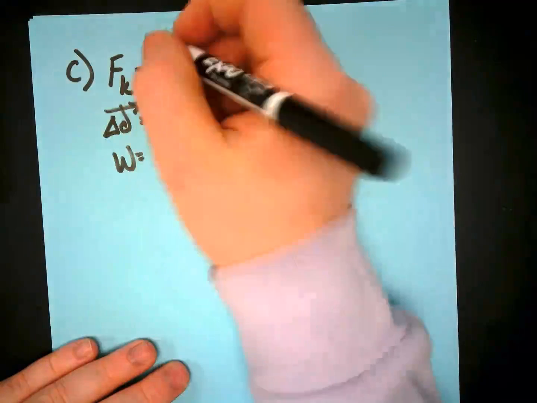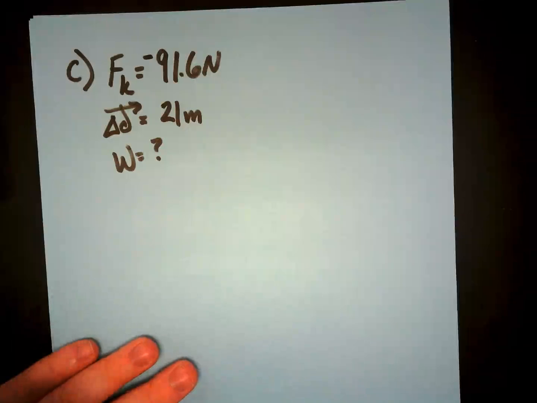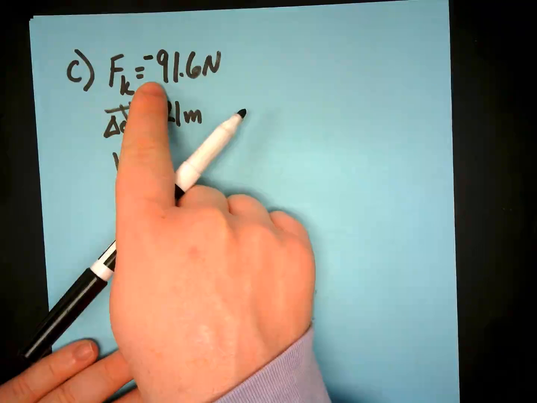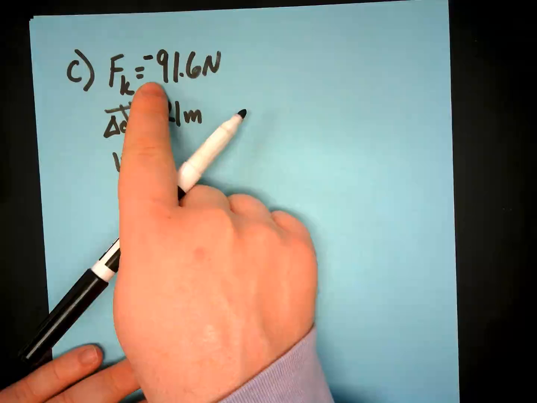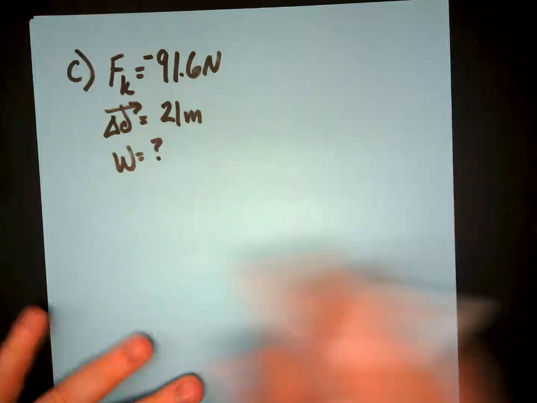So this friction force here is technically going to be a negative, while we're finding this work, because it's work that's opposing the motion. But if it's work that is helping the motion, it'd be positive. But in this case, we have a negative force here because it's in the opposite direction of the motion. So that means our work is going to be negative.